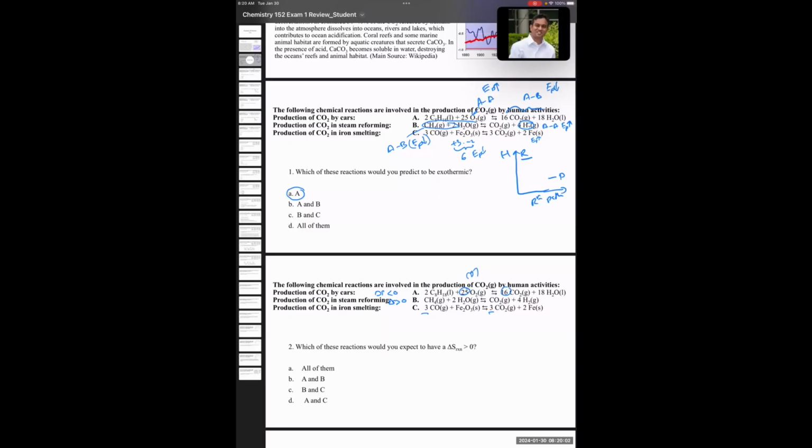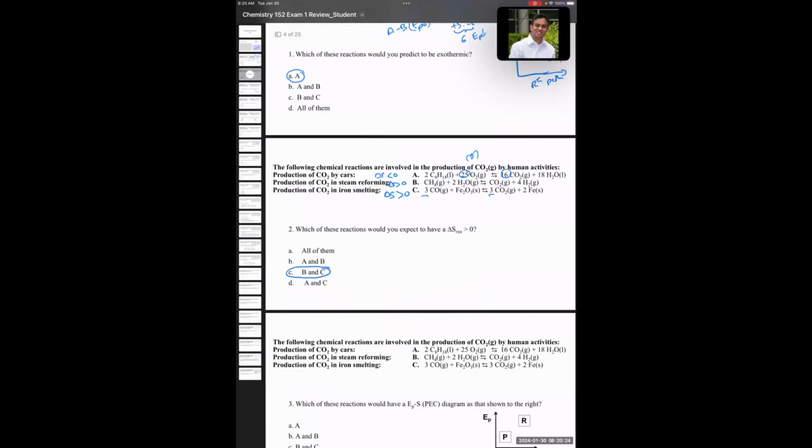Therefore, in reaction C, you're going from low to high entropy, so delta S is positive. So reactions B and C have a delta S greater than 0. Right, moving on to the next question.